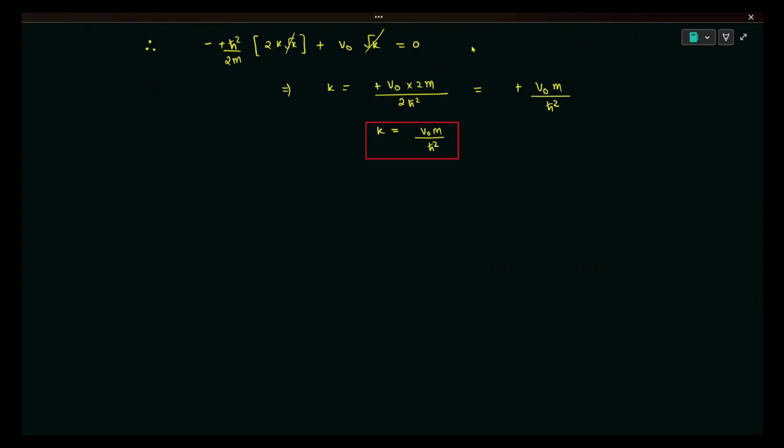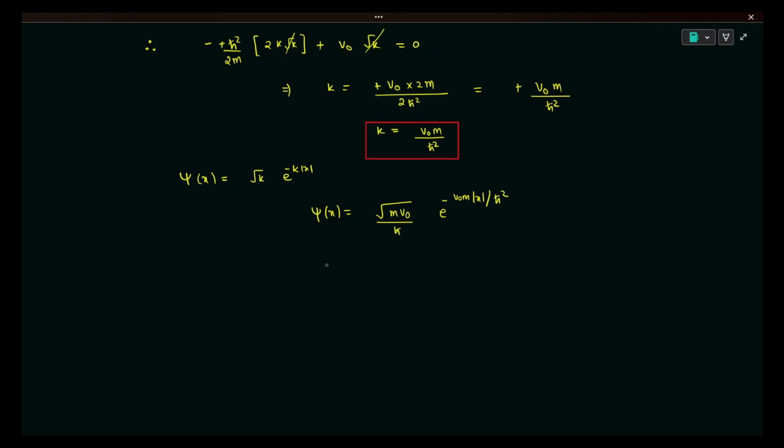So let's try to write our wave function in terms of these known values v naught, m. So psi of x was earlier under root k e raised to power minus k mod of x. So now psi of x will be equal to under root of m v naught divided by h cut, e raised to power minus v naught m mod of x divided by h cut square.